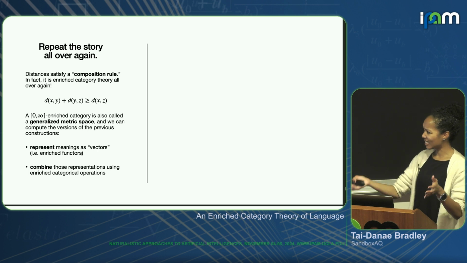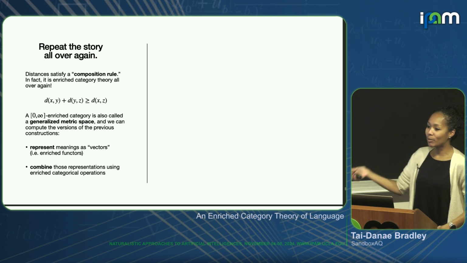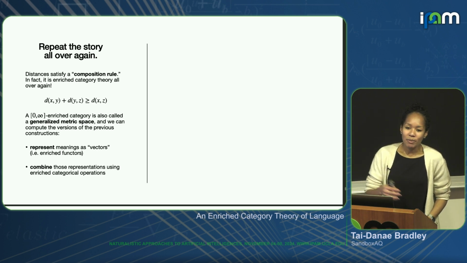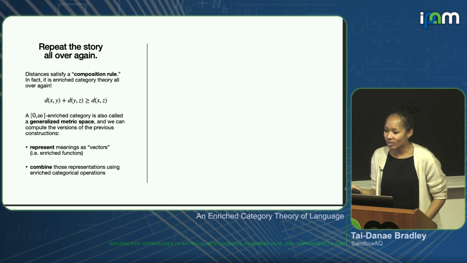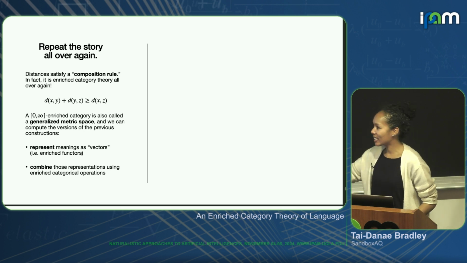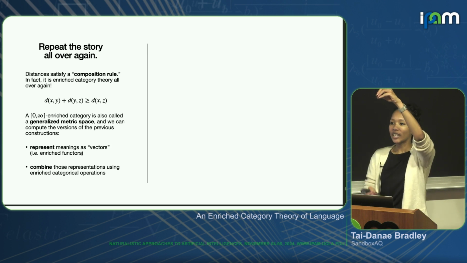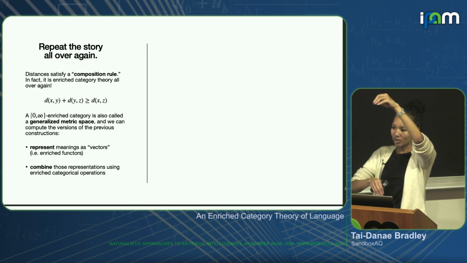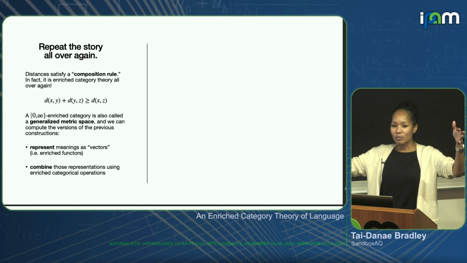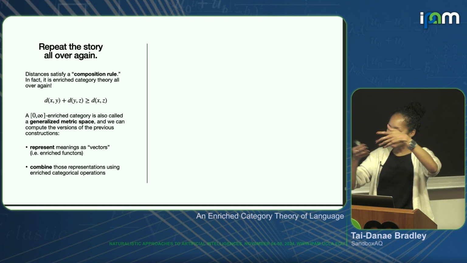It's not a metric space, it doesn't have symmetry. But the point is, just like you can repeat the whole story for the unit interval, you can repeat the whole story again for the extended non-negative reals. You can get these representable functors now in terms of distances, so your column vectors are now valued in 0 to infinity. You can now compute these limits and colimits of these representable functors.